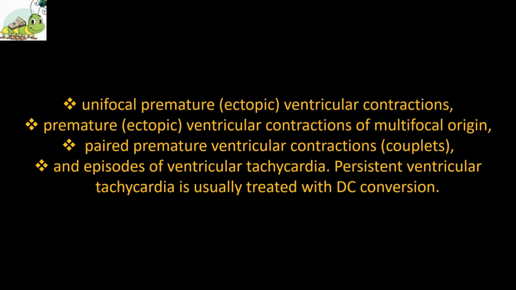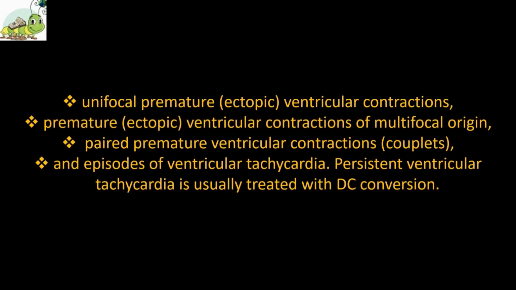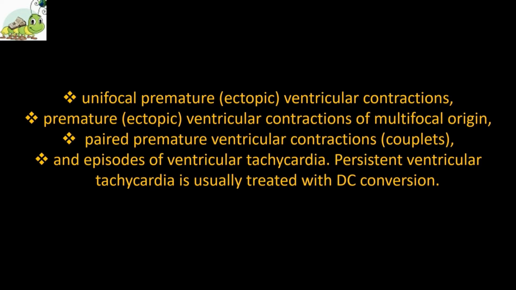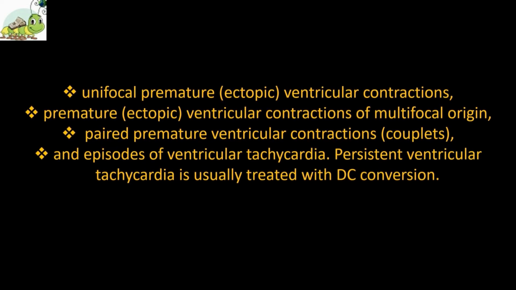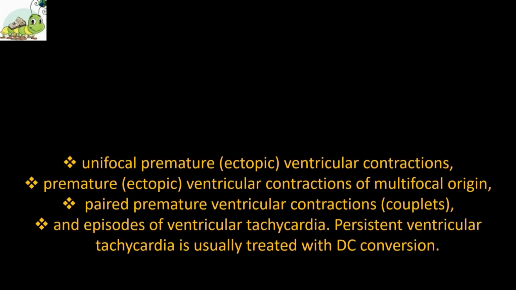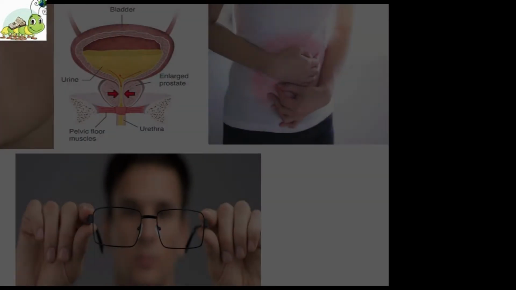The indications are as follows: unifocal premature ectopic ventricular contractions, premature ectopic ventricular contractions of multifocal origin, paired premature ventricular contractions, that means couplets, and episodes of ventricular tachycardia. Persistent ventricular tachycardia is usually treated with DC conversion.